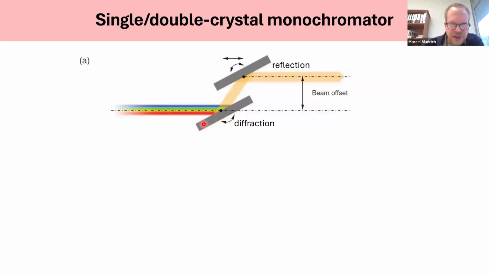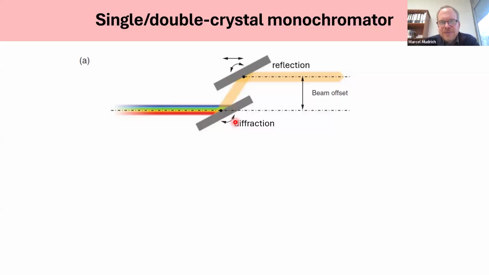Why not just take one crystal and tilt the crystal around to choose the photon energy, and that's it? What's the advantage of having this arrangement of two parallel surfaces that are tilted synchronously? I could imagine if you just had one mirror, the beam path would change, right?